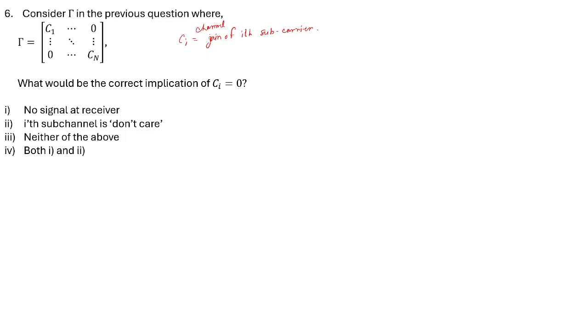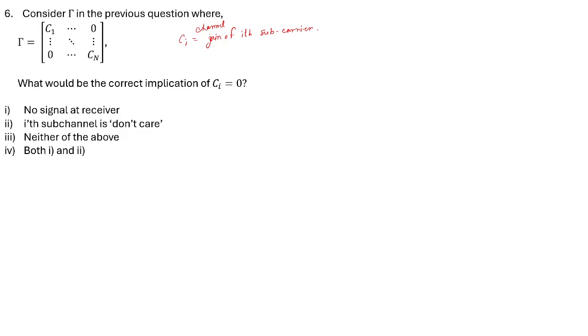So you are transmitting Si of z over this ith subcarrier Ci. If your Ci is itself 0, what is the received signal at the receiving side? Yi is going to be just Ci times Si of z, and Ci is 0, therefore Yi is 0. So your receiver receives nothing.